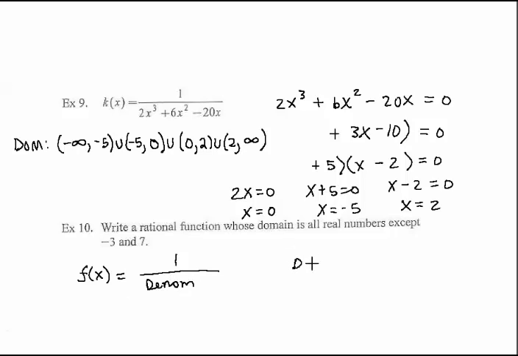If we knew what the function was, we'd simply say, well, take the denominator and set it equal to 0. Once we did that, we would solve the equation. And what they're telling us is that when we do that, we want to get a -3 and a 7, because anything we get out of this equation is excluded from the domain.